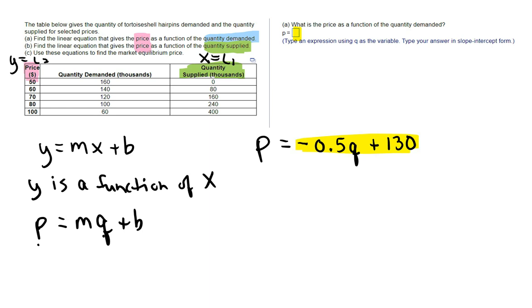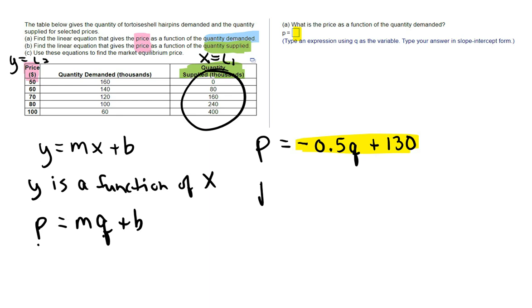So all I have to do is hit Stat, go to Edit, and change list 1 to these numbers. And then after you do that, you'll hit Stat, scroll over to Calculate, hit 4, linear regression, scroll down to Calculate, and hit Enter.